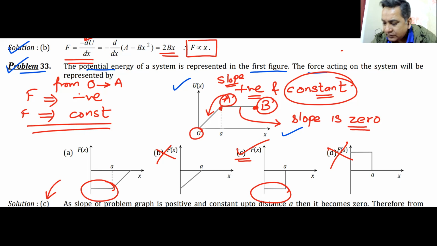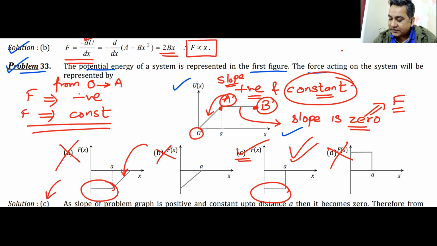If the slope is 0, that implies my force is also 0. So from A to B, force has to be 0. I look at this graph, I find that the force is there. So this graph goes away. The only graph that remains in contention is graph number C, and hence the answer is C.